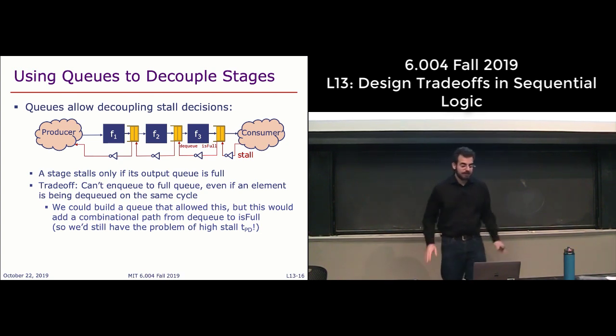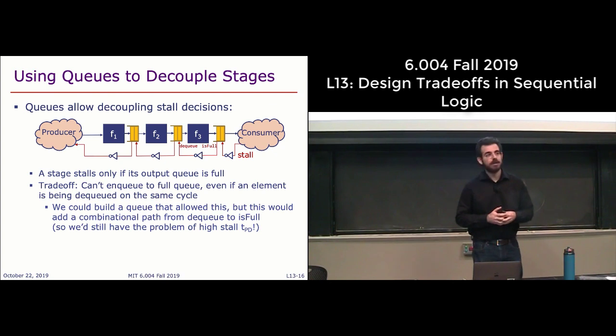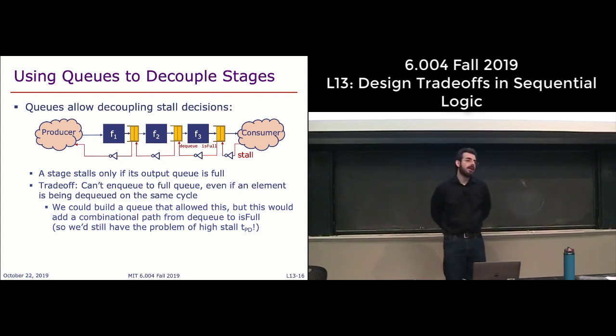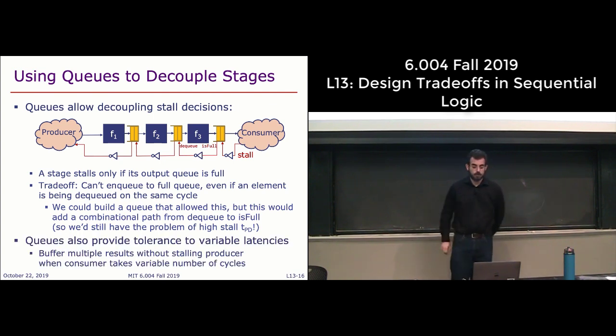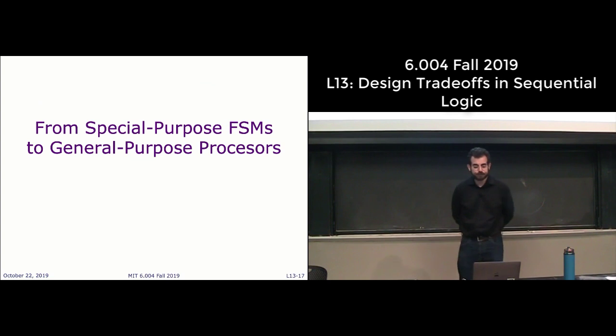But beyond the details, which as I said, you'll probably need only later in the design project, the key takeaway here is that if you leave some flexibility between stages, you actually don't need to incur this huge propagation delay. And also in general, you can have queues with more elements, which are useful if you have irregular rates, right? So if the producer and the consumer are sometimes very fast, but sometimes very slow, queues allow you to tolerate that variability in delay.